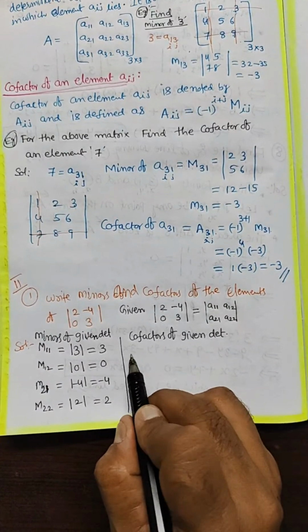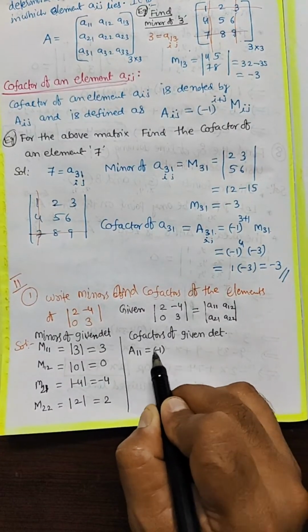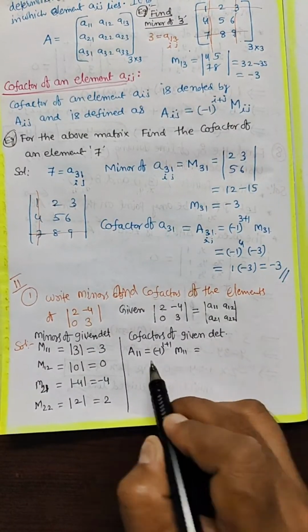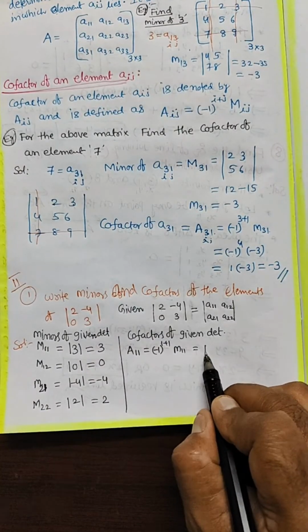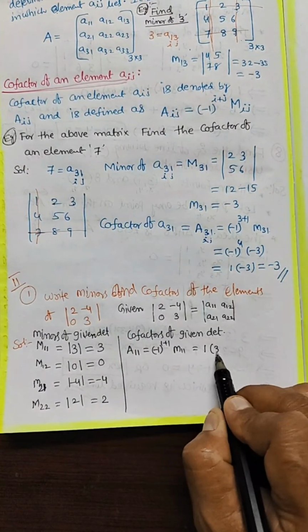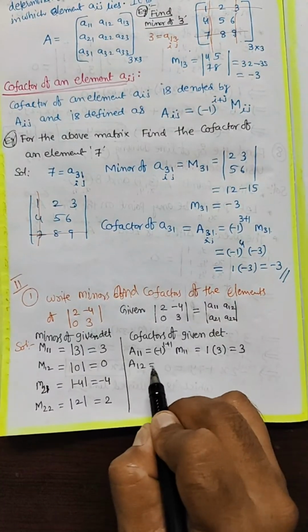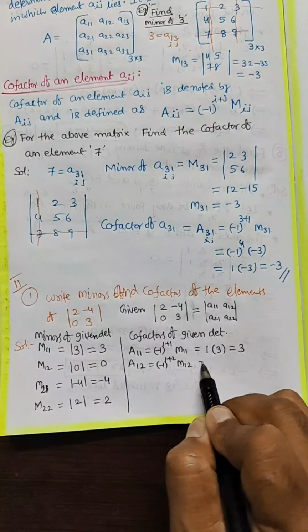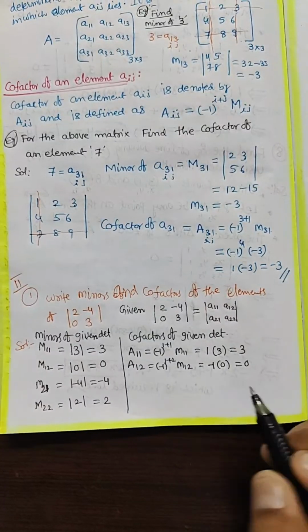See how cofactors are denoted: A11 equals minus 1 whole power 1 plus 1 with M11. So minus 1 whole power 1 plus 1 is plus 1, into M11 value 3, that is equal to 3. Next, A12 is minus 1 whole power 1 plus 2 into M12. So this is minus 1 into 0, which is equal to 0.